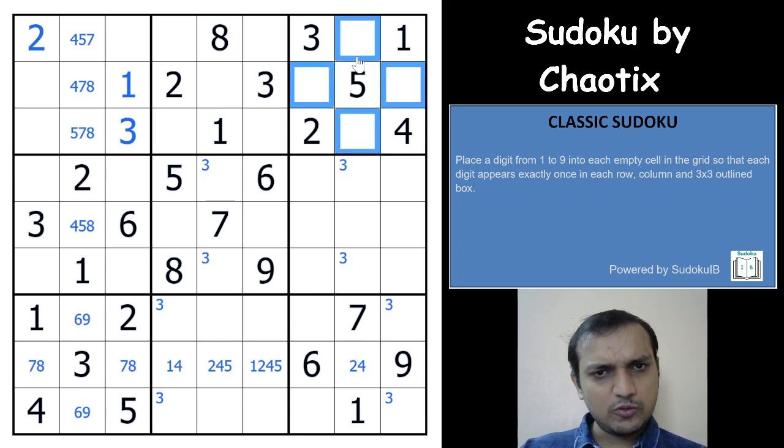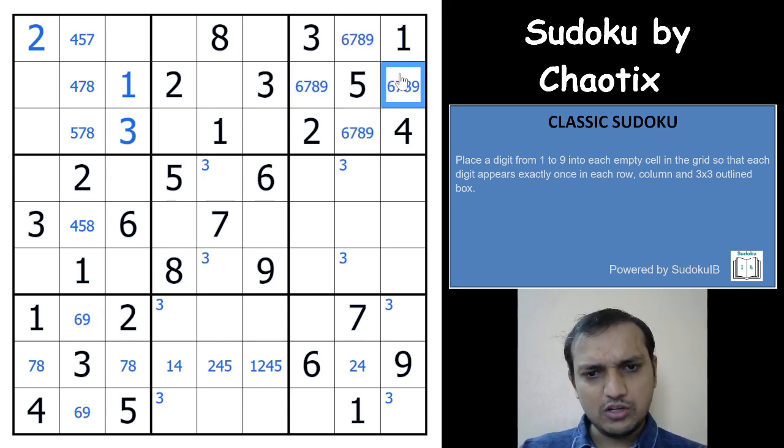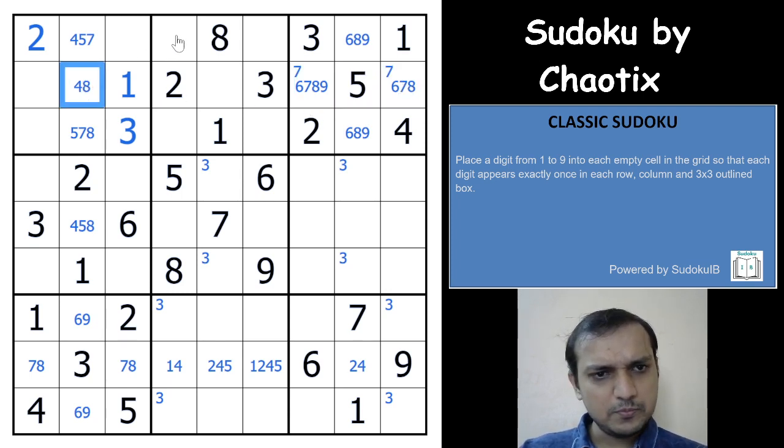These 4 cells would have to be 6, 7, 8 and 9 in any order. So we can say that 9 cannot be here, 7 cannot be here. So you have a pointing of 7 here. That eliminates 7 from this cell. This cell cannot be a 6.